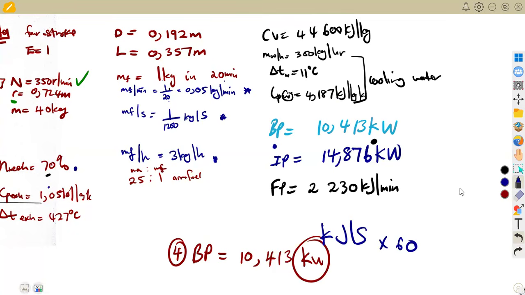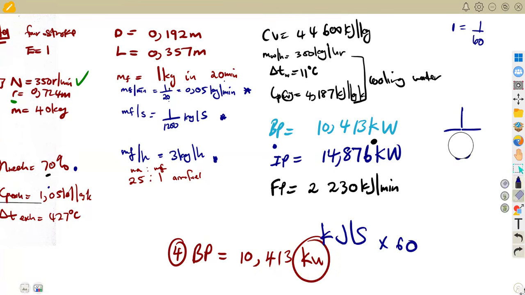Remember, 1 minute is equivalent to 60 seconds. So the moment we want 1 second, it will be 1 over 60, so we're supposed to divide by 1 over 60. To divide by 1 over 60 is to multiply by 60. It is simply to multiply by 60.